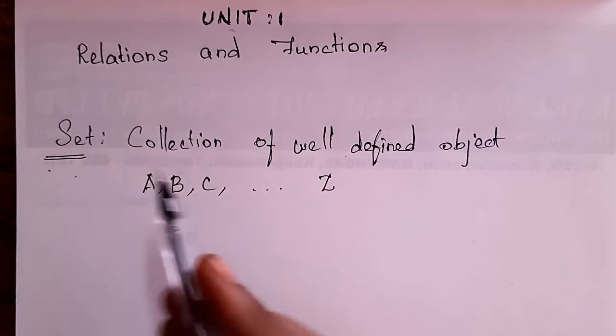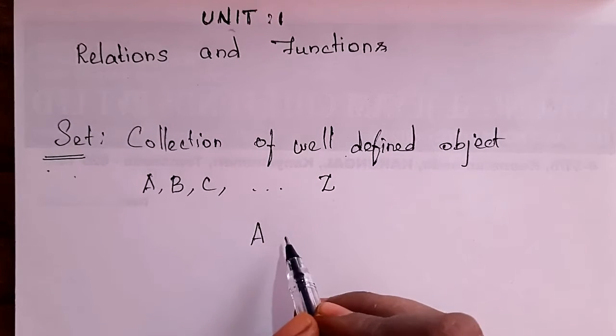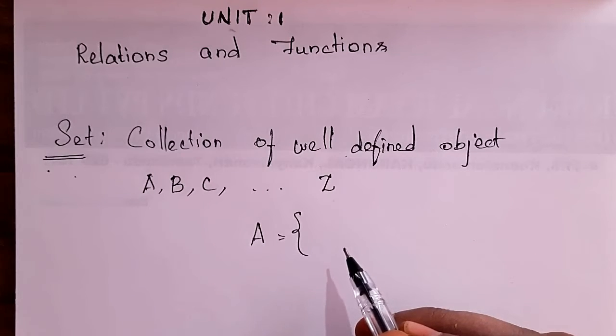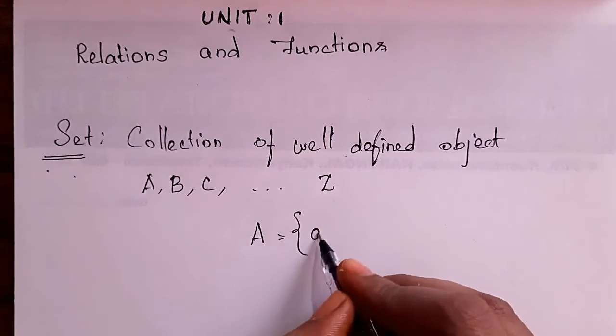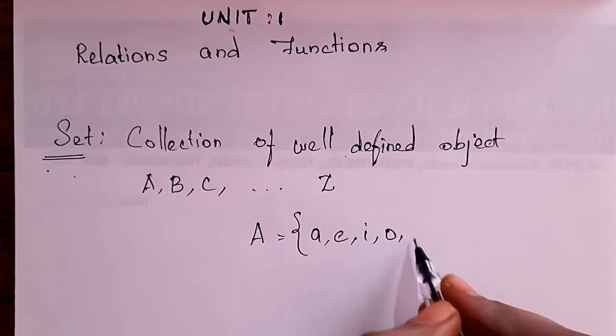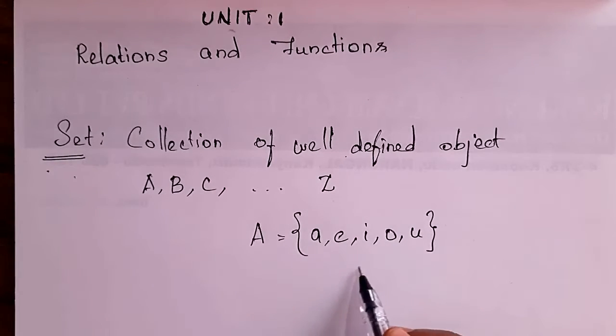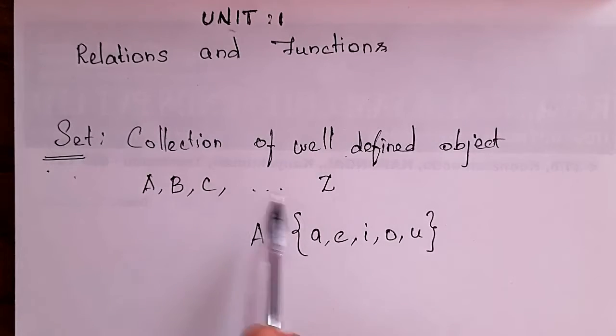For example, I am writing a set A equal to the set of all vowels: a, e, i, o, u. Remember, the objects should be small letters and the set should be a capital letter.